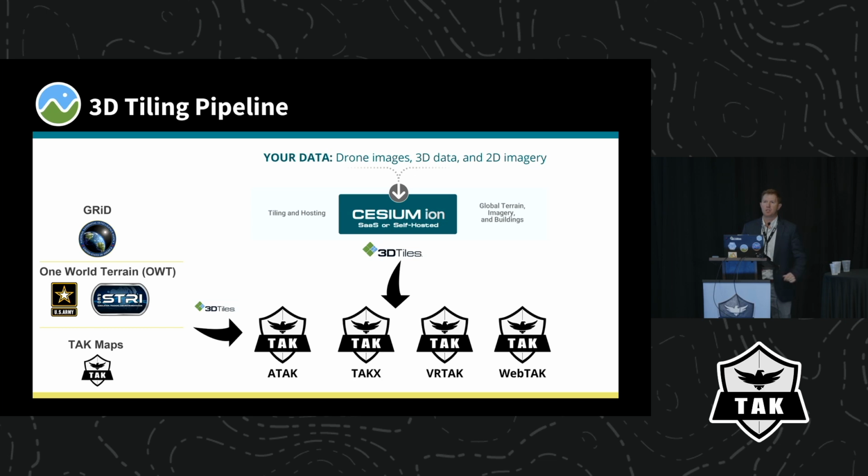So whether it's just drone images that you've captured, and I'll show how you can get those into 3D tiles, or if you have your own 3D data. So say you've got a bunch of DTED data or DIM files, hundreds of files that you want to tile and combine with an existing data set. With Cesium ion, you can do that. You can tile your data, and then you can combine it with some of those existing data sets that are available as well. You can do that in the cloud where we host it for you, or you can do that in your own disconnected or high-side network.